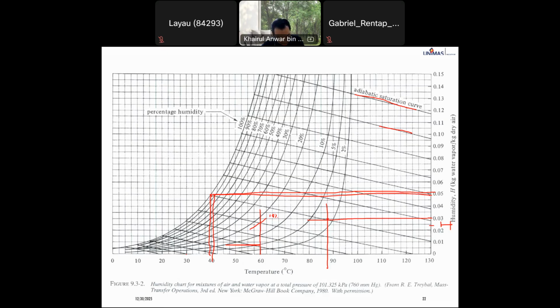Follow the adiabatic saturation curve of 39.5 until it reaches the dry bulb temperature of 60 degrees C. Then we get 0.013125. It should be like this.